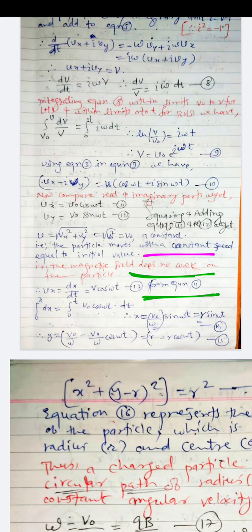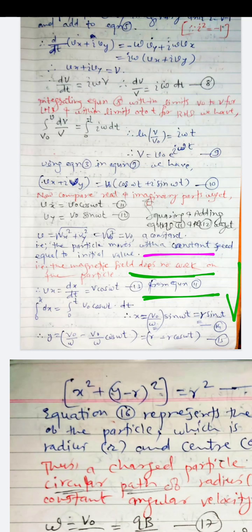Integrating equation 13 within limits 0 to x, dx equals the integral from 0 to t of v0 cos omega t dt, where v0 comes out of the integral. Now x equals v0 upon omega sin omega t, and v0 upon omega is replaced by the constant r. Hence, x equal to r sin omega t. It is equation number 14.